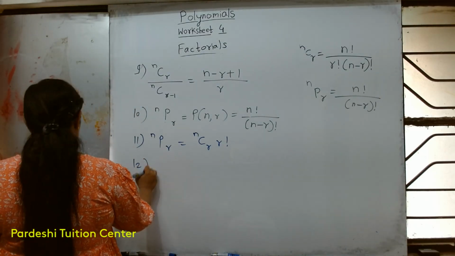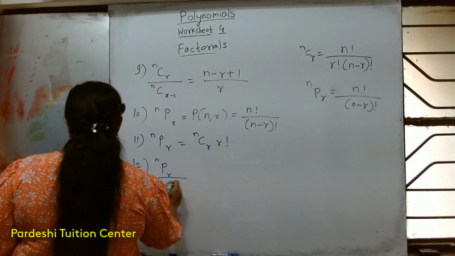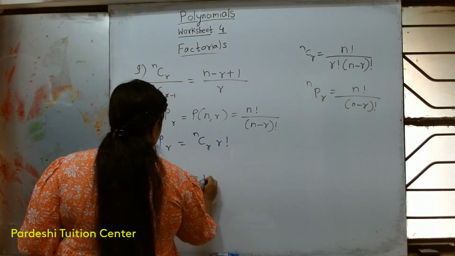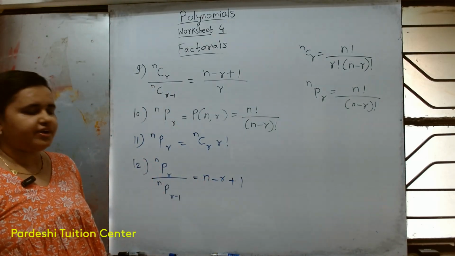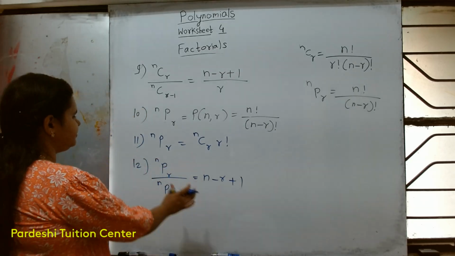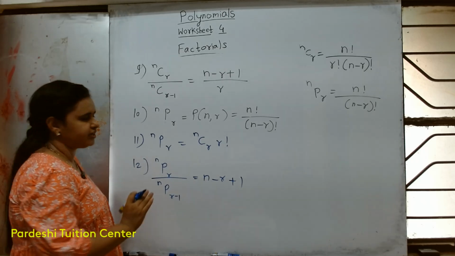Again the 12th one is nPr upon nP(r minus 1) equals n minus r plus 1. You can check it by putting the values of n and r, you can take any values. So the answer will always be equal, this will always equal this one.